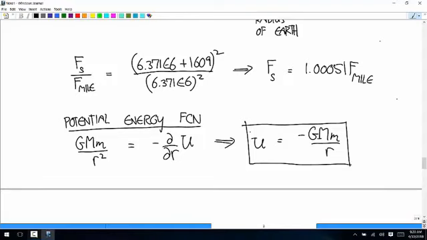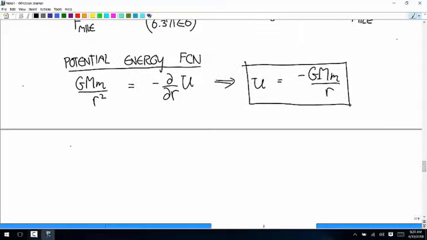And so let's figure out what we are going to do first. Let's use this to figure out the escape velocity if we ignore air resistance.